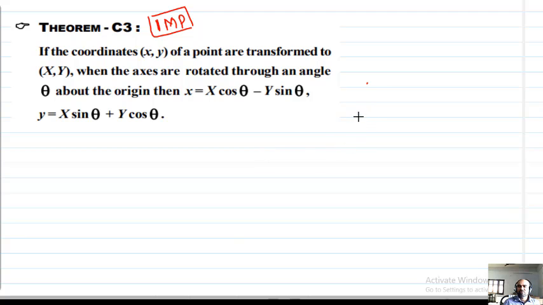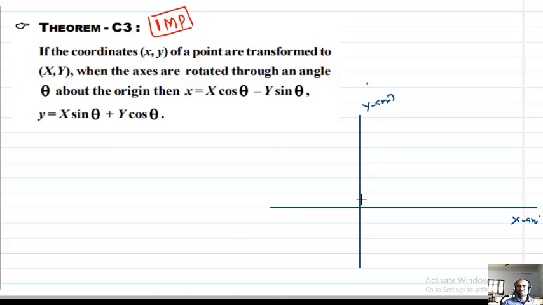So I want to draw a diagram for this. This is the old y-axis, this is the old x-axis. I will write x-axis old, y-axis, or I can say original, that is a better word.